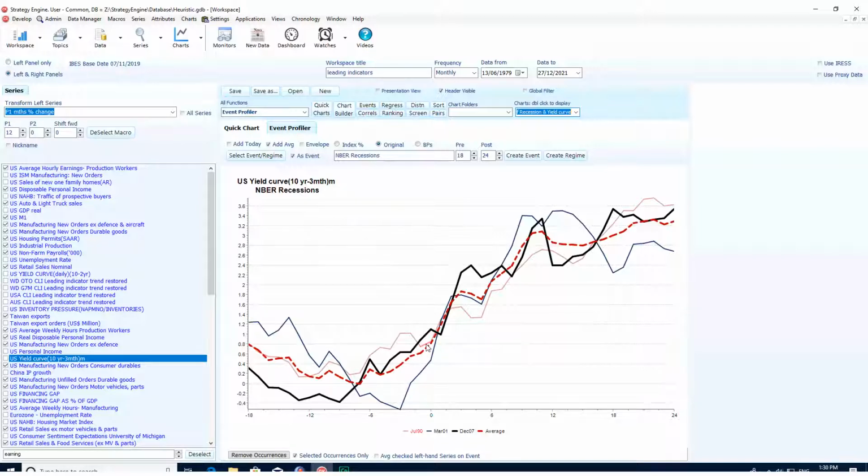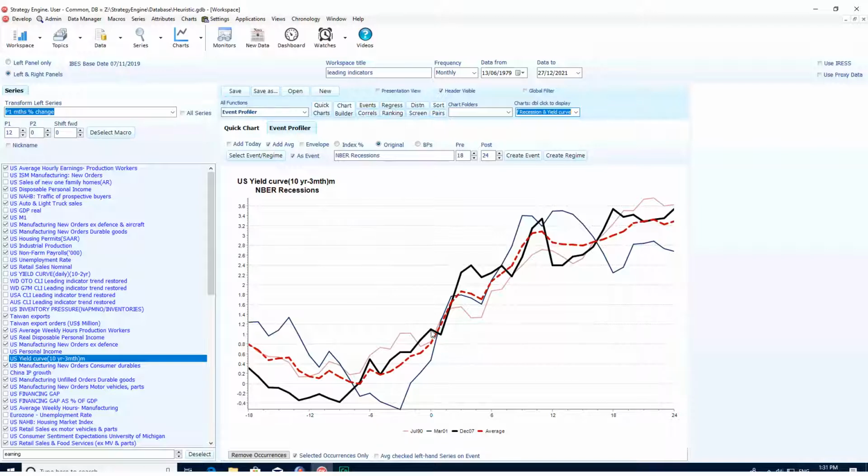Likewise, in July 90, it was about 80 basis points positive after troughing, say, 6 to 8 months earlier. And then, of course, in 2007, the yield curve reached its trough probably 9 months prior to the recession at about minus 40, and by the time the recession started, it was at 100 basis points.